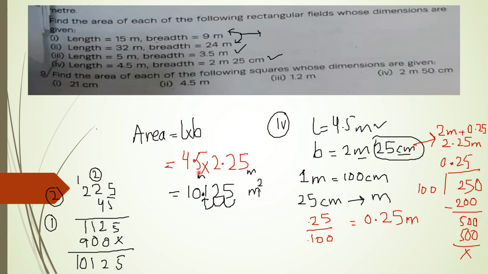See how we did it? After the decimal we have one number, 5, and after this decimal we have two numbers. So 2 plus 1 is 3. So we will place the point before three numbers, that is 1, 2, 3, right here. So the answer we get is 10.125 meters square.